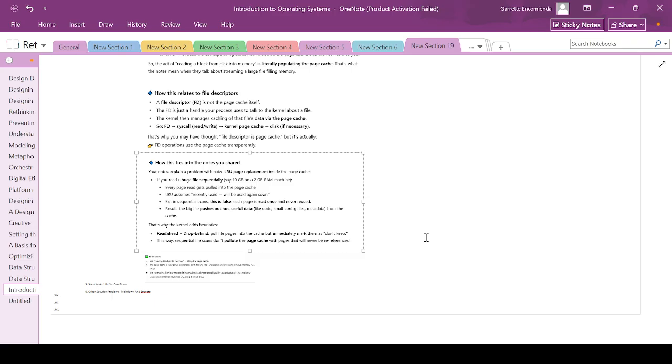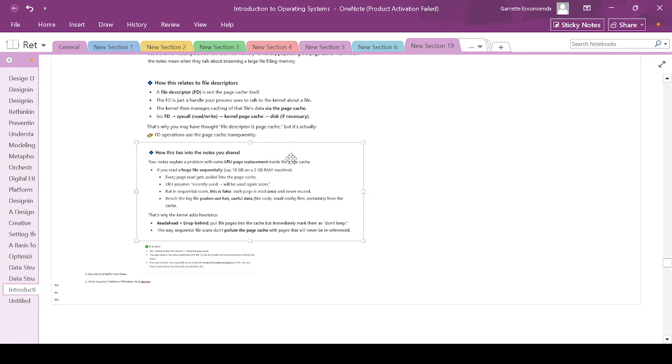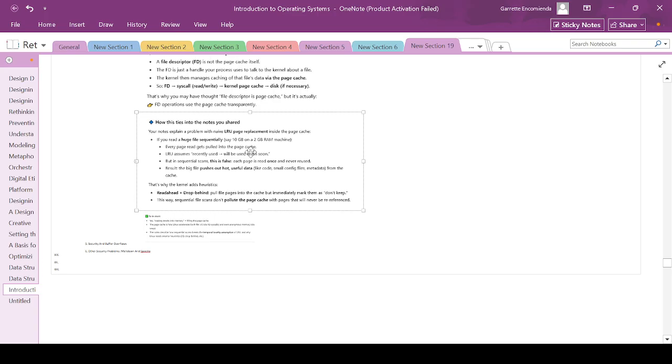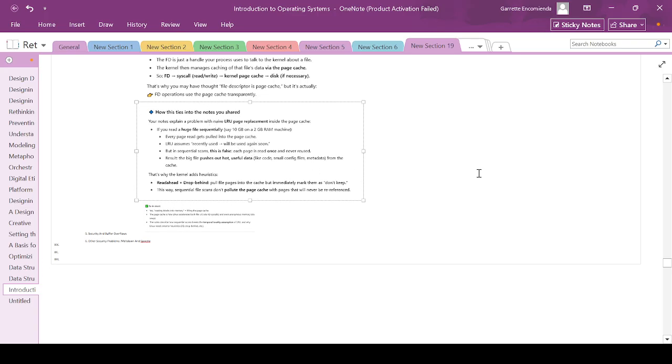So FD to system call read or write, kernel page cache, and disk if necessary. That's the reason why the kernel page cache holds the read or write of the file and metadata. So that's why you may have thought file descriptor is page cache, but actually FD operations use the page cache transparently. So how does this tie into the notes you shared?